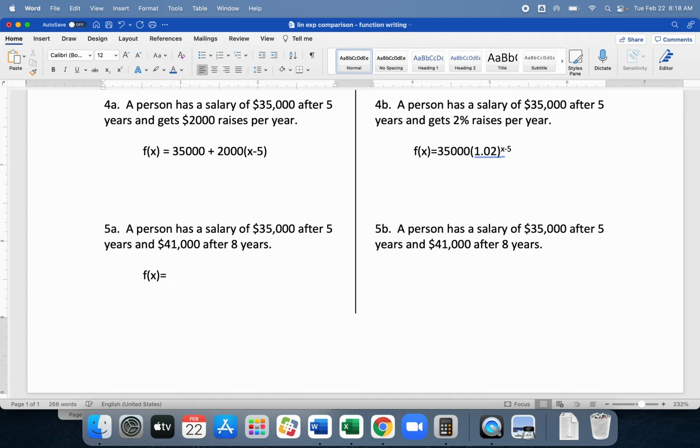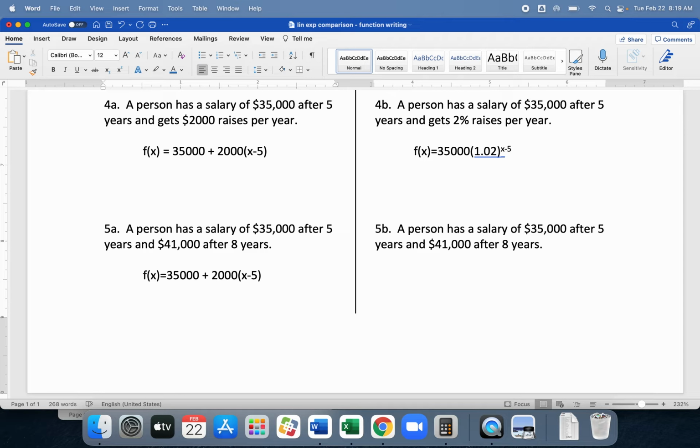F of x is, well, we'll say we're starting with $35,000 and adding $2,000 per year. It's just that we're not starting for real at $35,000. We're starting 5 years earlier than the year that we made $35,000. So same x minus 5 as number 4.